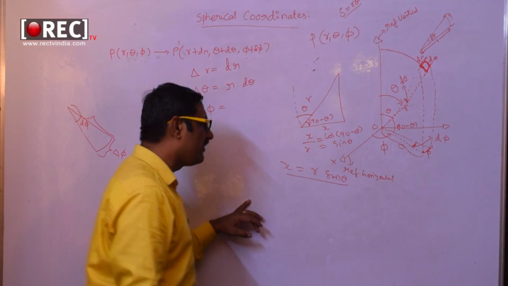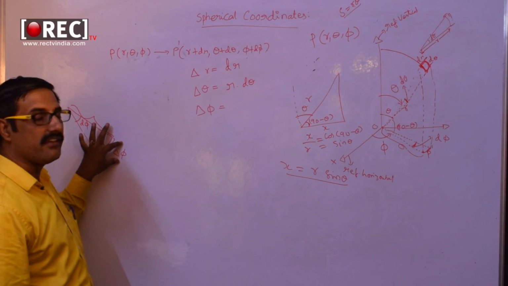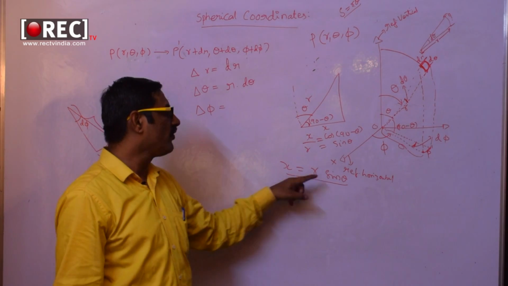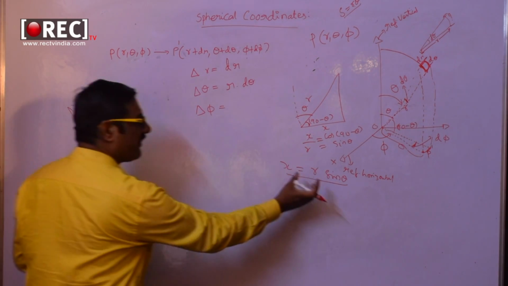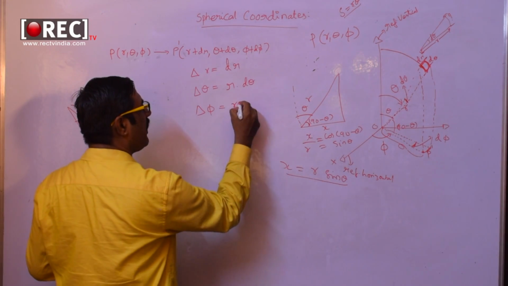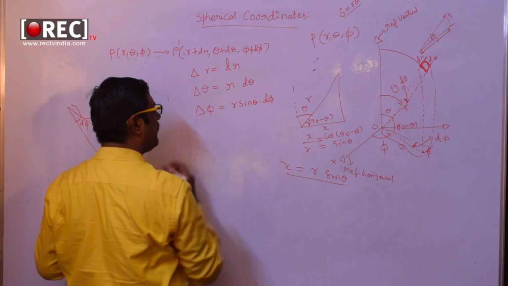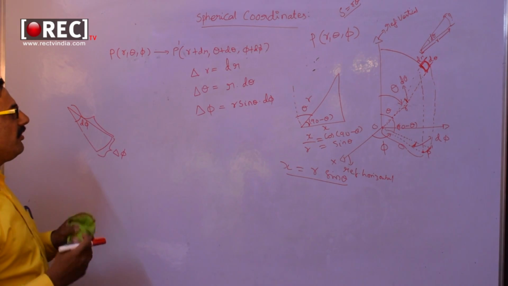So it is not directly the radius that is taken for delta phi determination. The radius onto the horizontal plane is given by r sin theta. Obviously delta phi would be this distance into the angle, so that is r sin theta into d phi.